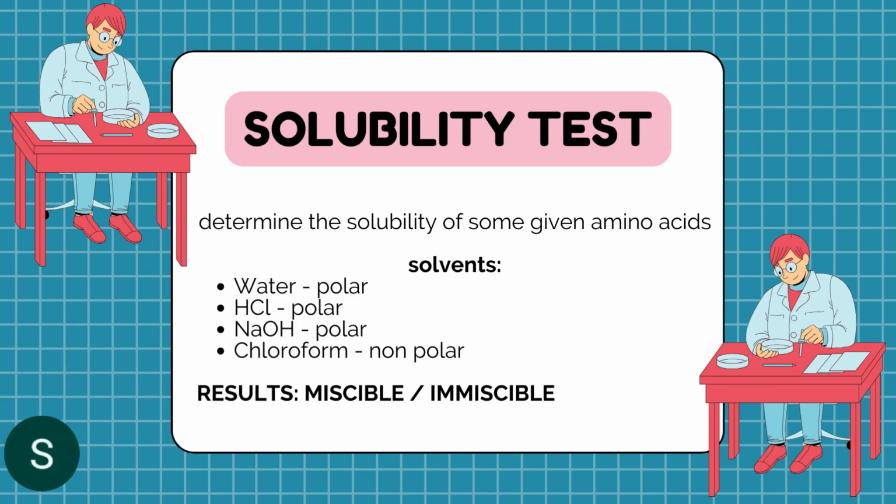Pero, di ba non-polar ang mga amino acids? So, how come they are miscible to polar solvents? So, we have this thing called Zwitter ions. So, based sa lecture ninyo, all amino acids have Zwitter ions. And this Zwitter ions, meaning, kung may ganito siya, ibig sabihin, capable siya of having your positive and your negative charge.